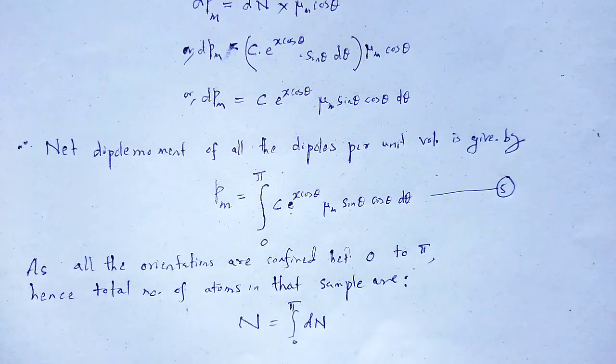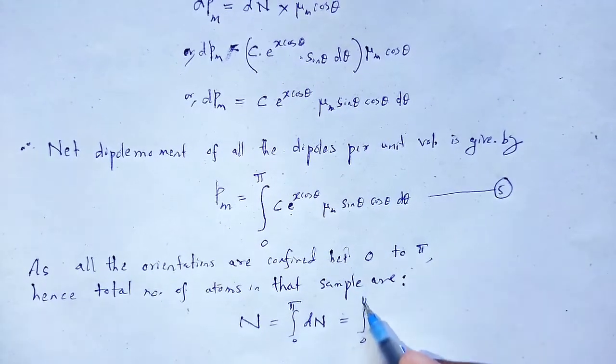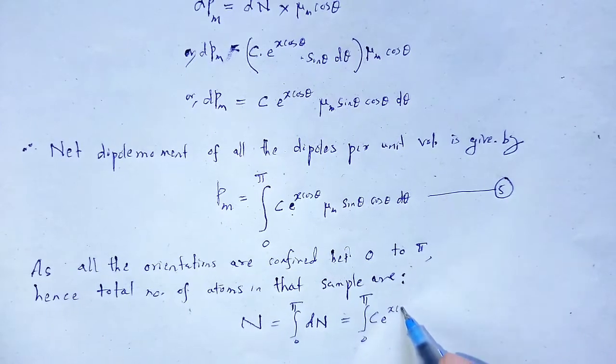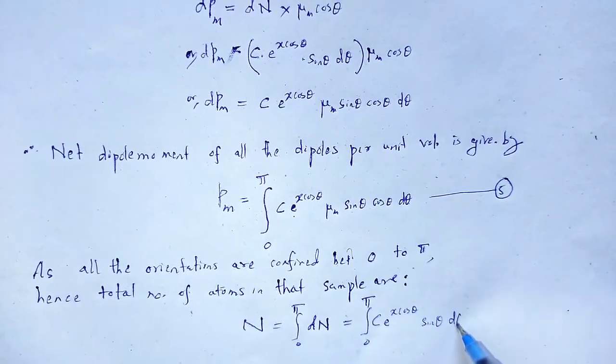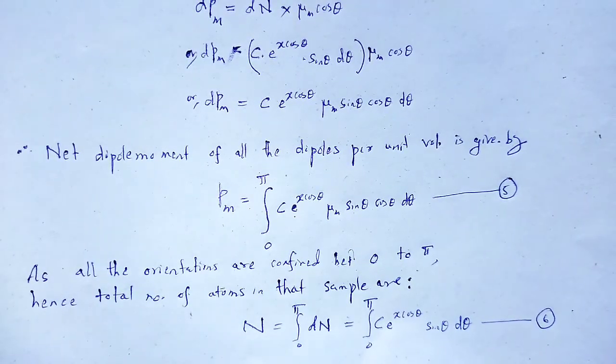Integrating that one, n is equal to the integral from 0 to pi of the value of dn, c e to the power x cos theta sin theta d theta. That is equation number 6.